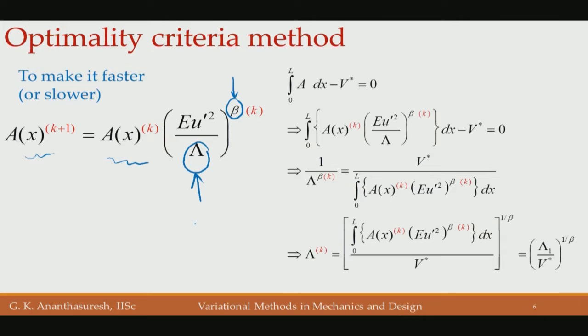For that we use the volume constraint, because of the complementarity condition, where we say lambda times constraint equal to 0, either lambda is 0 or constraint is 0. If lambda is 0, we have a problem that the equilibrium equation will not be satisfied, because it would mean that u prime is 0, but if u prime is 0, then the equilibrium equation, E A u prime plus p equal to 0, will not be satisfied.